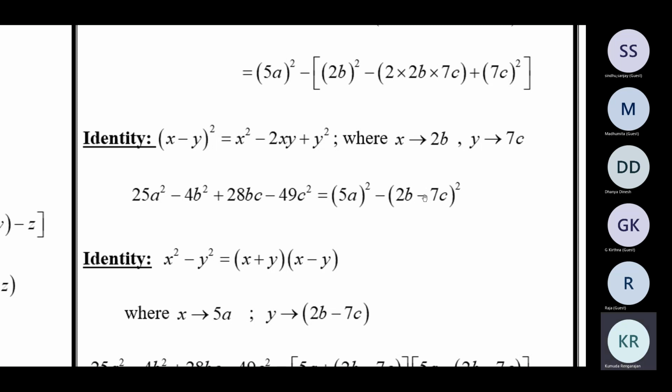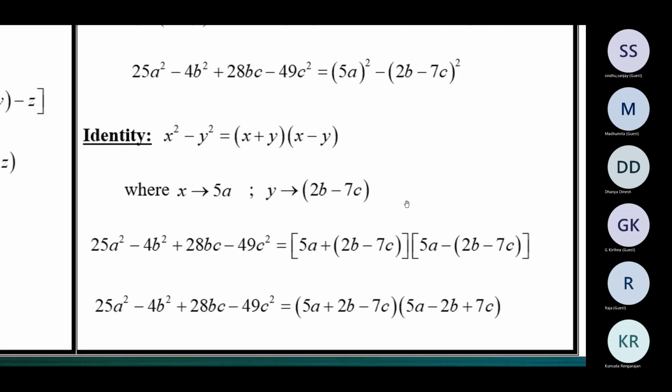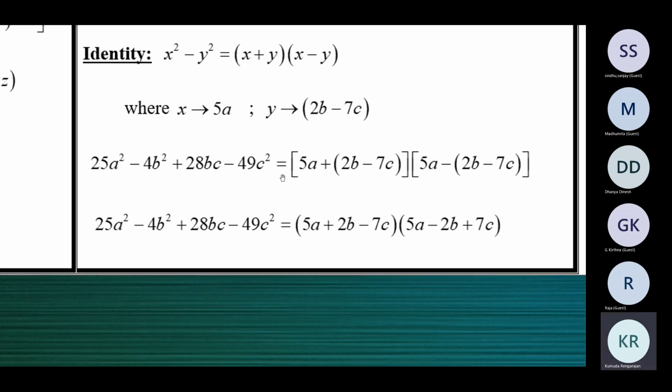Now it looks like x square minus y square. X is 5a, covering the square, and y is 2b minus 7c. So the given expression can be written as x plus y into x minus y.